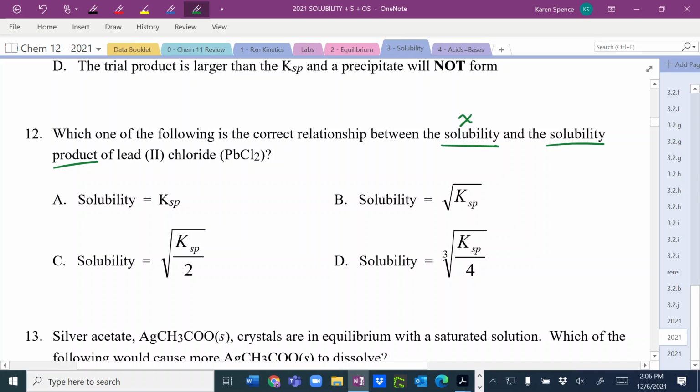That is the Ksp. Okay, solubility product is the Ksp. So we have a compound, lead chloride, which is the format AB2, which means we have an ion relationship of 1 to 2. If you know the shortcut, this would be a really good place to use it.